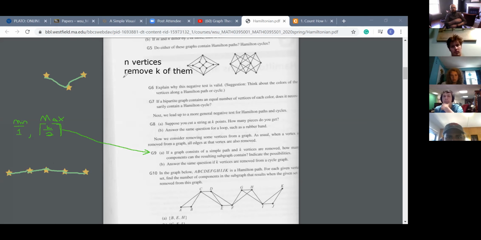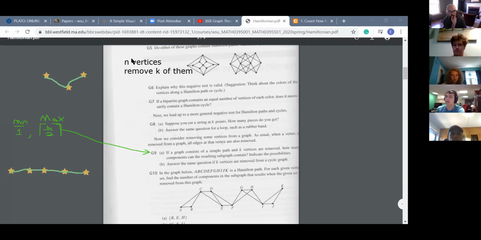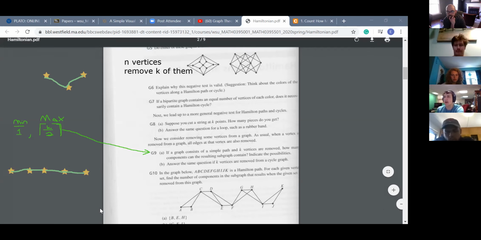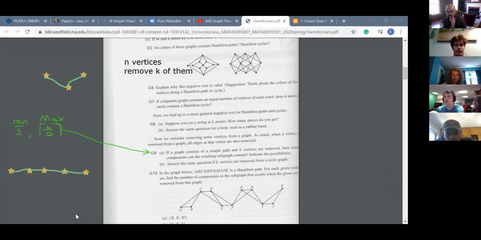You're thinking about edges too, but remember your whole graph is a path. So do the edges really matter? Well, it depends on how many components you make. The way I'm thinking about it is that every component is going to have at least 1 vertex.